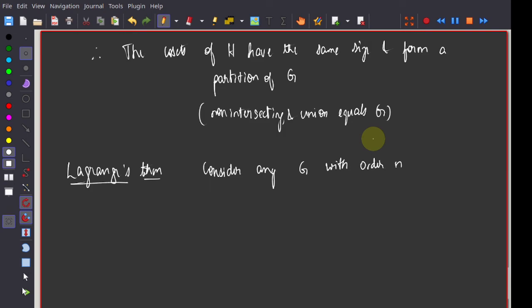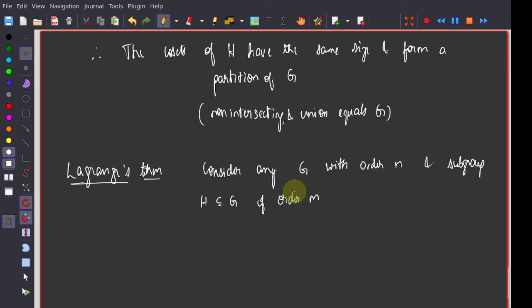Can they have arbitrary size? Let H be a subgroup of size M. Can M be arbitrary?